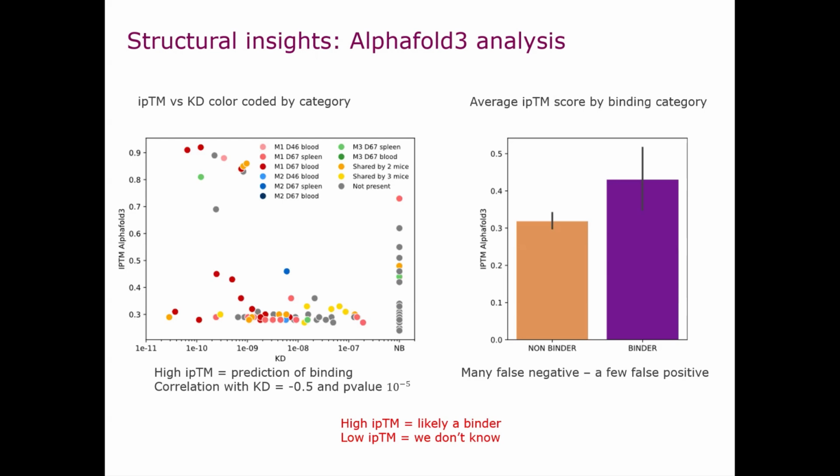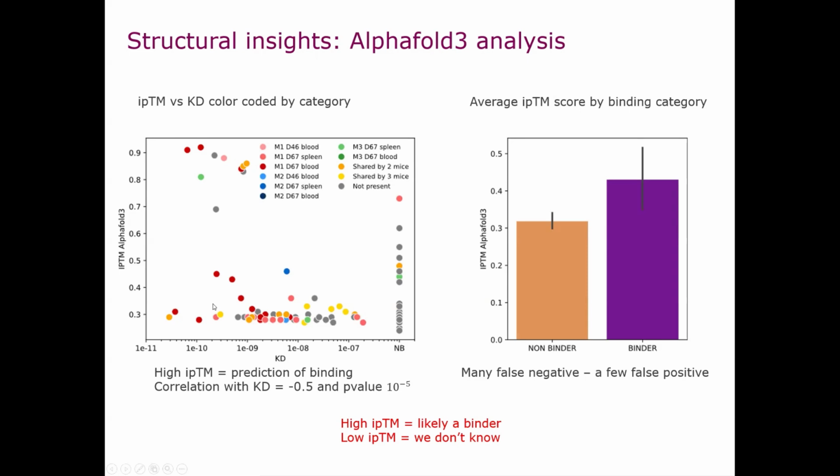The result is that in most cases, AlphaFold was not able to distinguish between binders and non-binders. We can see this here with the AlphaFold score called IPTM, which we can use as a proxy for the affinity predicted by AlphaFold.